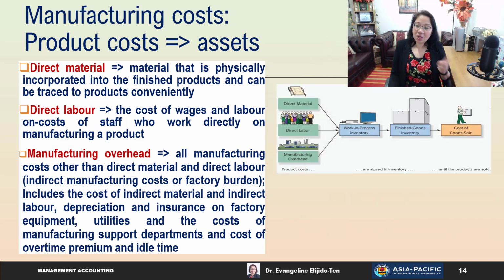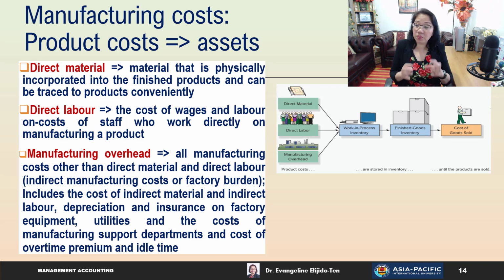All right. You can see from this picture the cost flow in the manufacturing environment. So when your direct materials, direct labor, and manufacturing overhead are put into production, it will not straight away turn into finished goods. It will be in work in process while it's still being worked on.